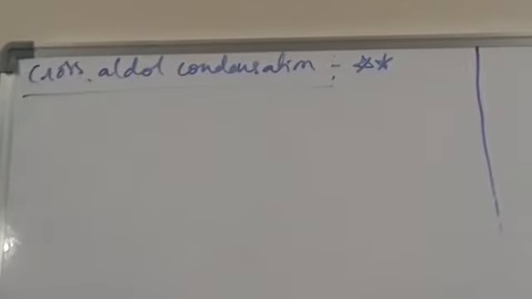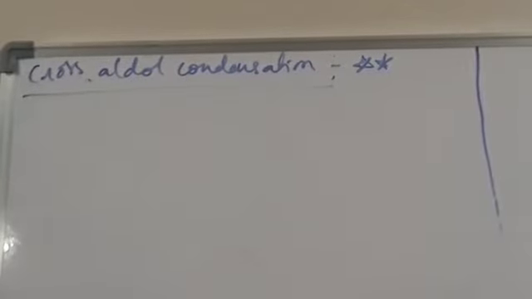Okay. If both acetaldehyde and propanaldehyde undergo condensation in presence of dilute alkali, we get these 2 products which are called self-aldol products. Along with these 2 products, we also get cross-aldol products. Okay.